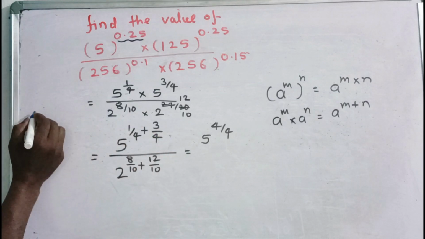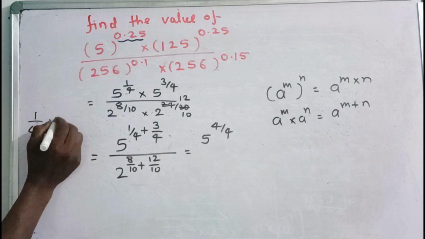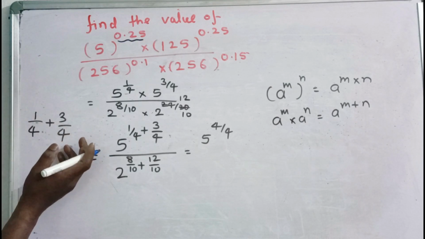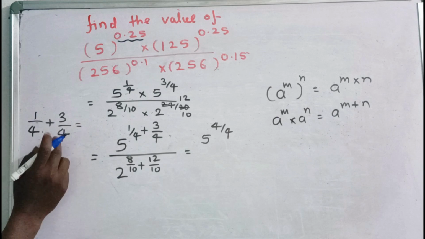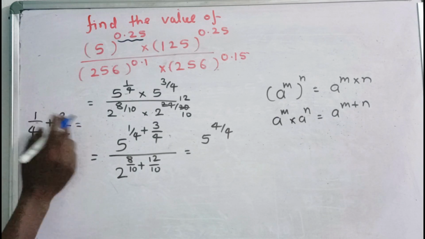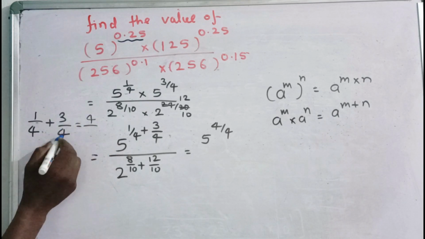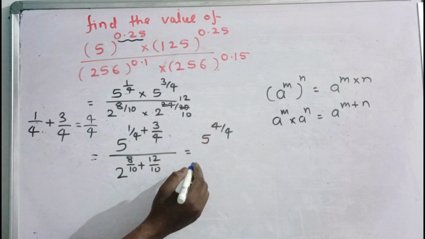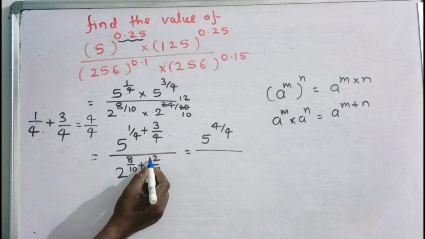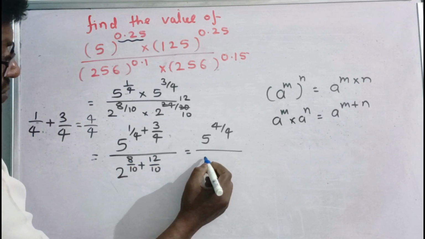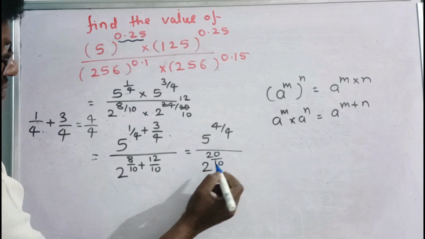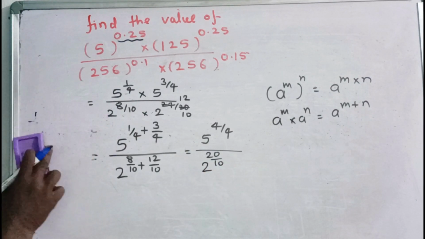Denominator same, 1/4 plus 3/4. क्रॉस मल्टीप्लिकेशन भी किया तो आंसर वही आएगा। डायरेक्टली डिनोमिनेटर सेम है तो न्यूमरेटर का एडिशन 4, डिनोमिनेटर सेम एज इट इज 4, द सेम वे हियर अगेन 8 plus 12 is 20, 2 raised to the power 20/10. Now do the calculation here.